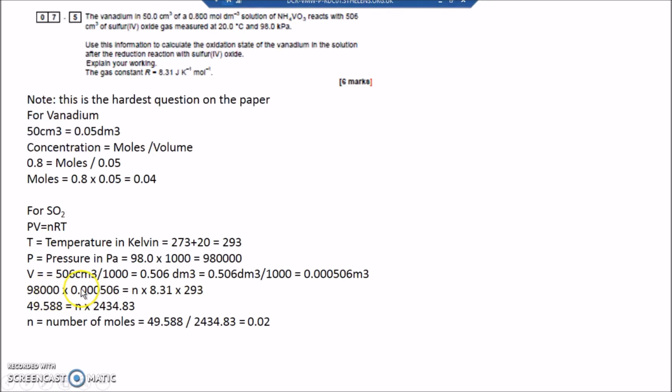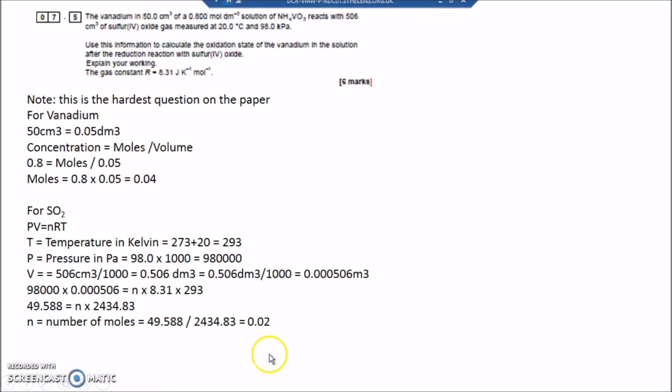I'd multiply these two out first to make it simpler. 49.588 equals n, the number of moles, multiplied by 2434.38, so n is 49.588 divided by 2434.38, which is 0.02.